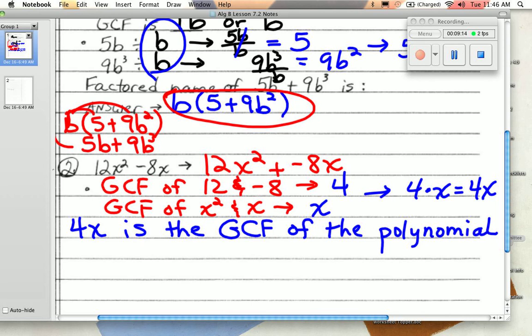Okay, so we're saying the largest monomial that you can divide out of both terms of that polynomial is 4x. Well, then now we got to find out what happens after you do divide that out.